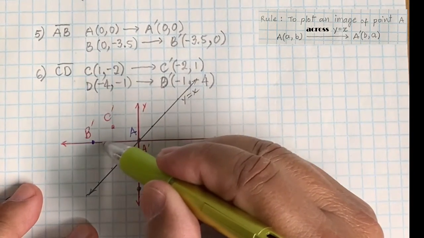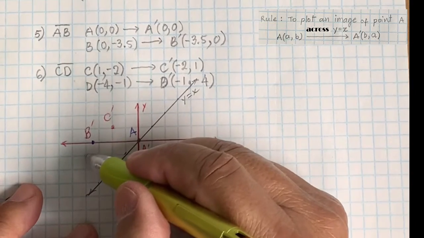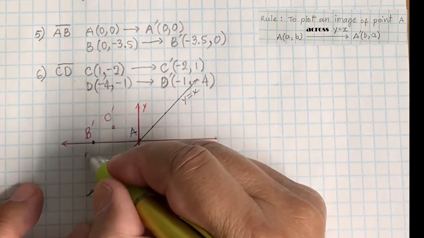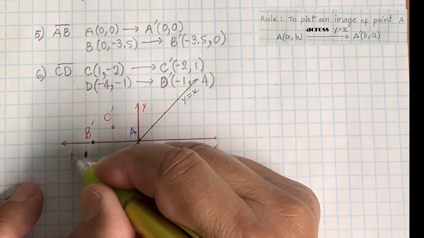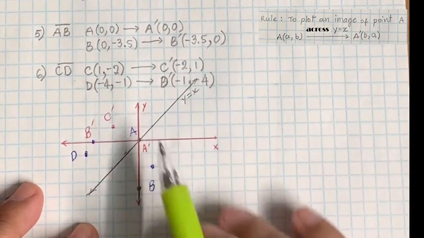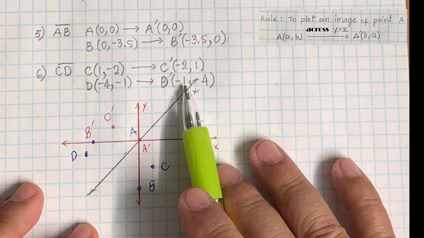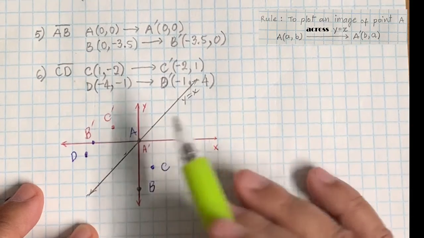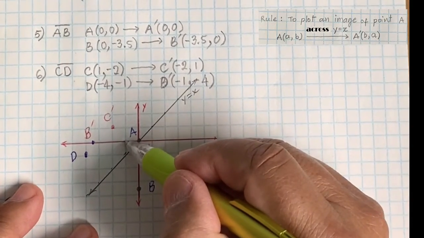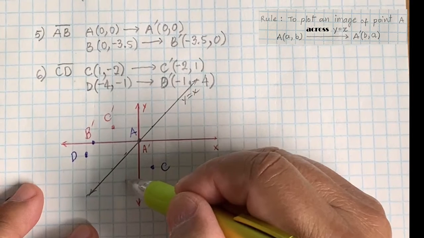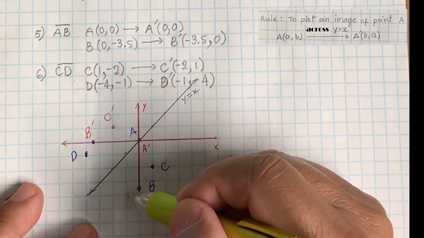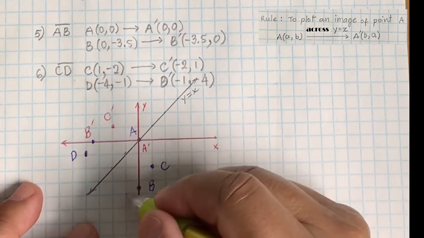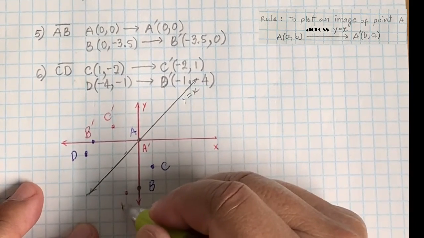So 1, 2, 3, 4. So this is D. D prime is going to be what? (-1, -4). So 1, 2, 3, 4, right here. So this one is D prime.